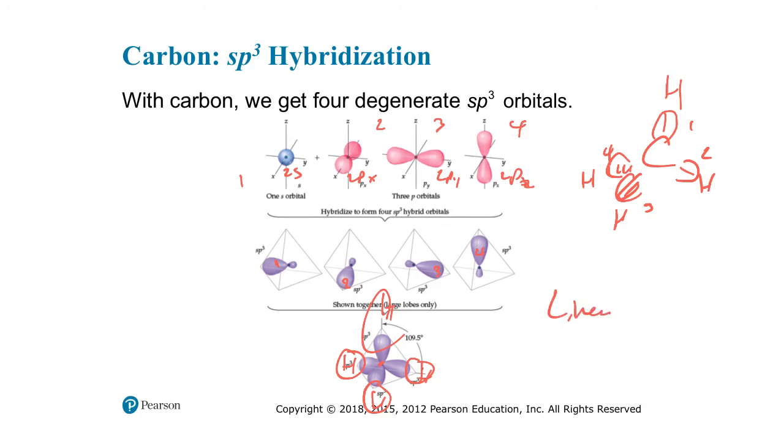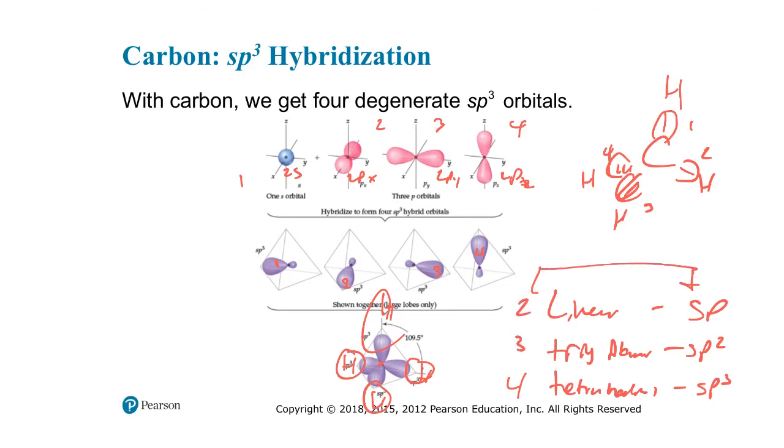So linear molecules go sp hybridized, trigonal planar molecules would go sp2 hybridized for that central atom, and then tetrahedral molecules will go sp3. So 2 substituents, we need 2 atomic orbitals to mix together. 3 substituents, we need 3 atomic orbitals. 4 substituents, we need all 4 atomic orbitals to mix together.